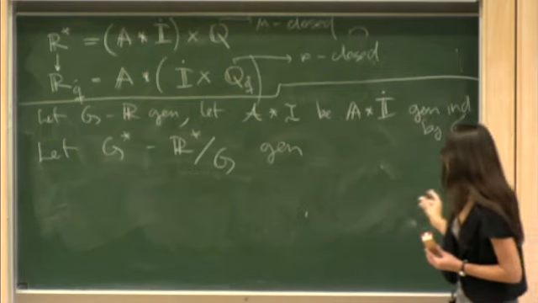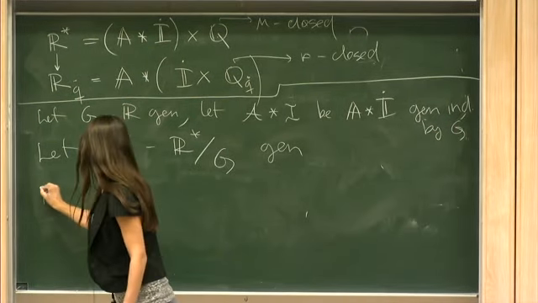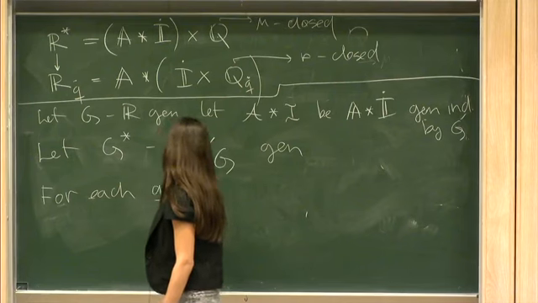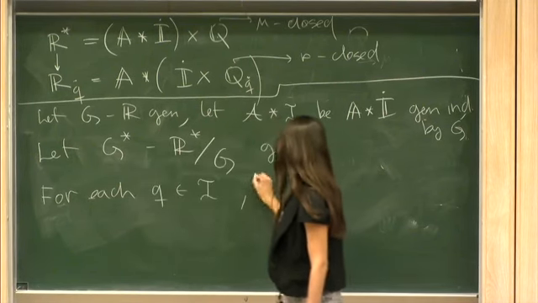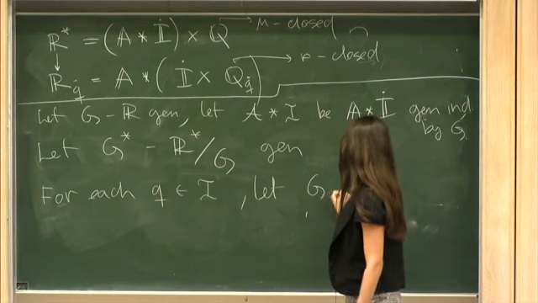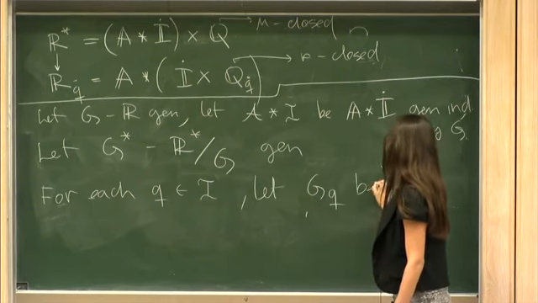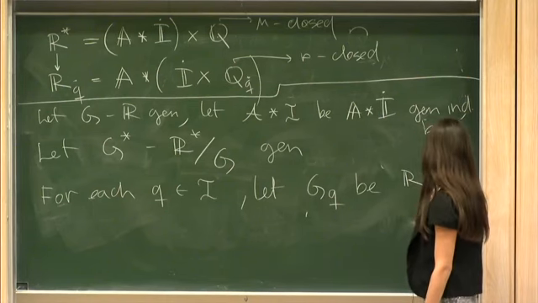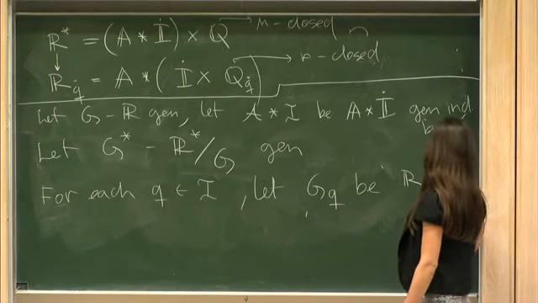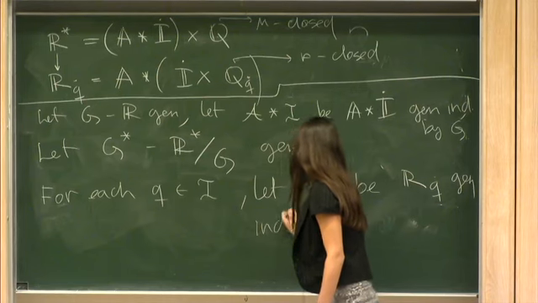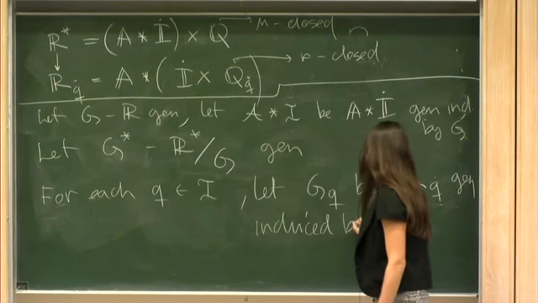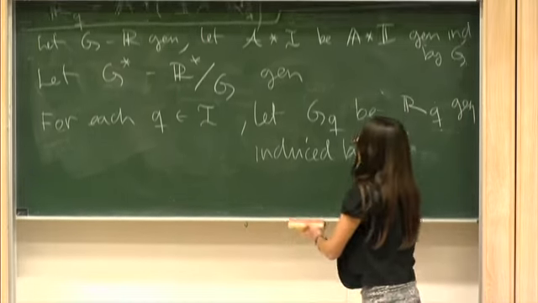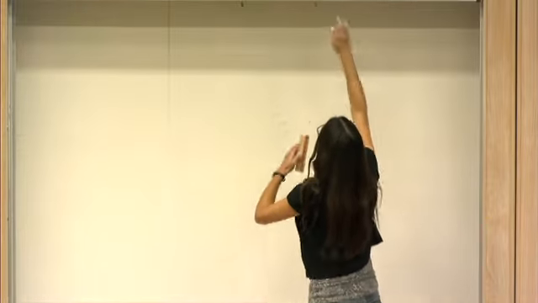R star mod G generic, and for every Q in I, let GQ be R Q generic induced by G star, and the picture is the following.